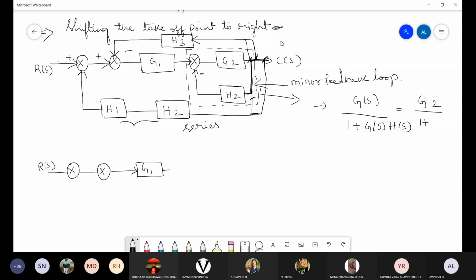G of S is G2 and H of S is H2. So this particular value we are going to write here: G2 divided by 1 plus G2 into H2.